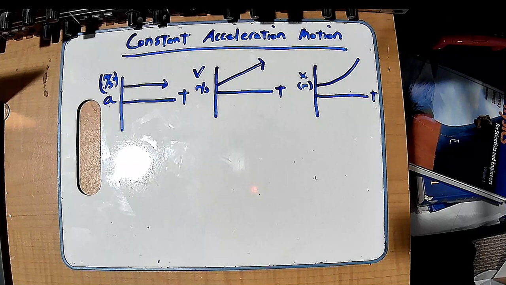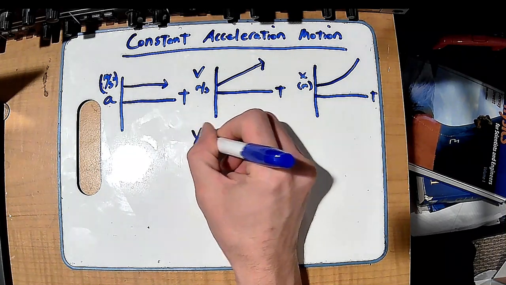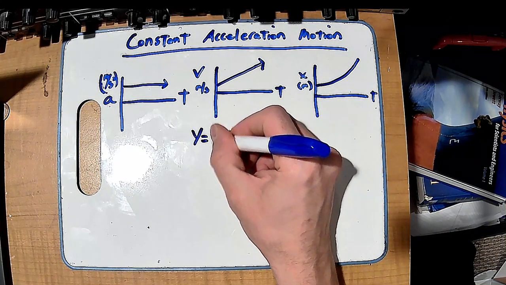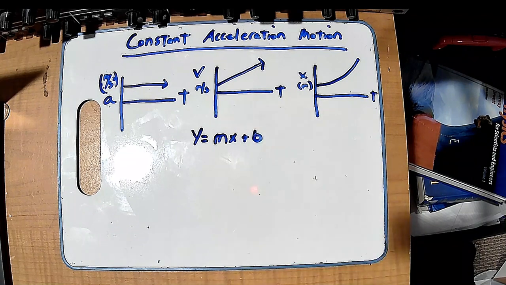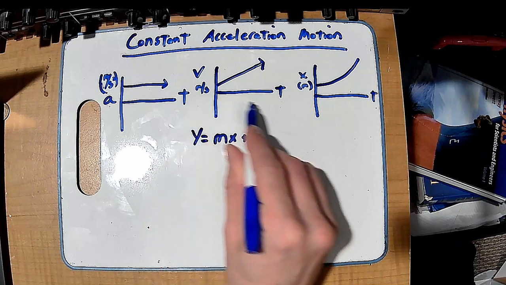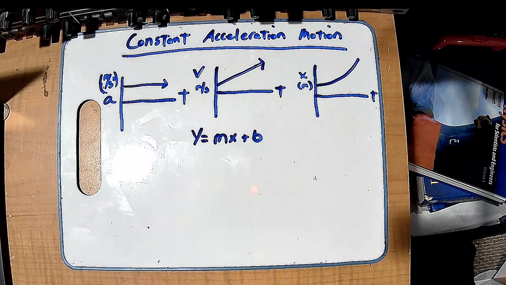You know from algebra that a straight line has the equation y equals mx plus b. But think about how that general equation applies to this specific instance.